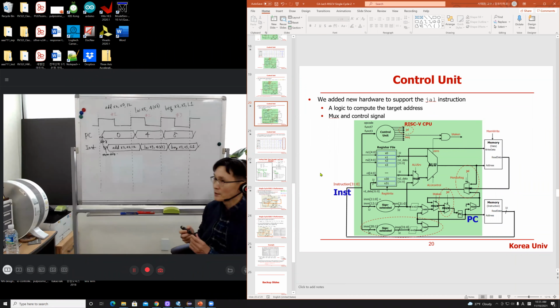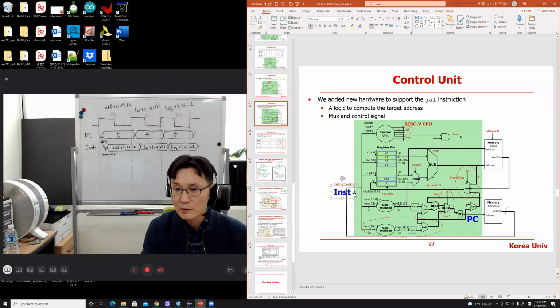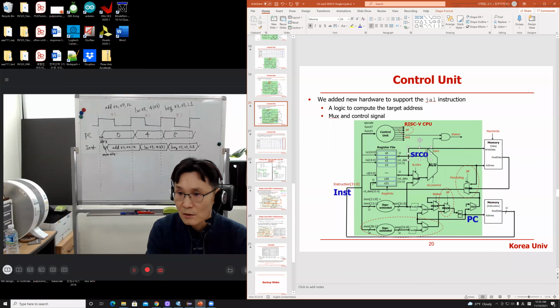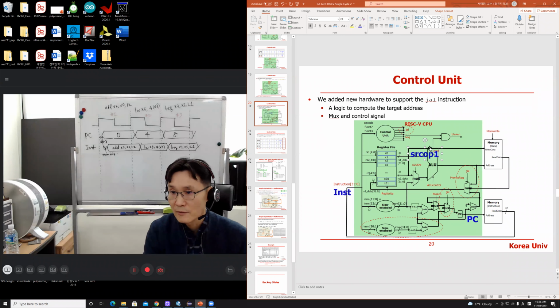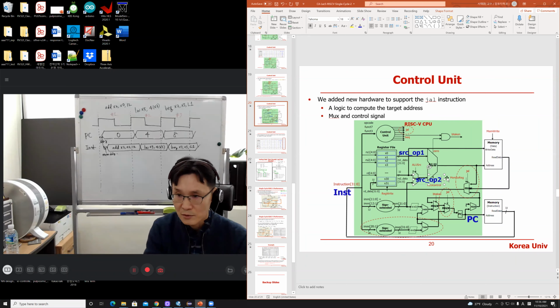And then which signals do we want to observe? Probably the important ones are source OP1, the first input to the ALU, and source OP2, the second input to the ALU.